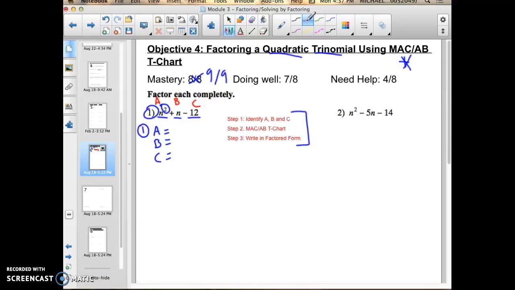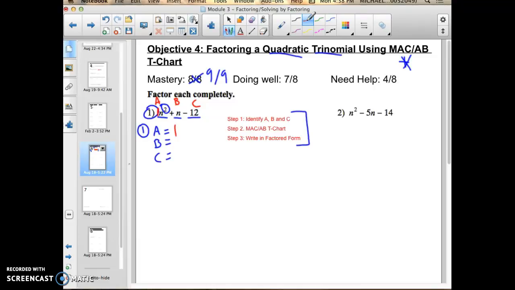Hopefully you remember that for A, B, and C, I only care about the coefficients. I don't care about the variables. In this case, for the A term, there's no coefficient or number listed in front of the quadratic term n squared, so I can assume that the A term is 1.